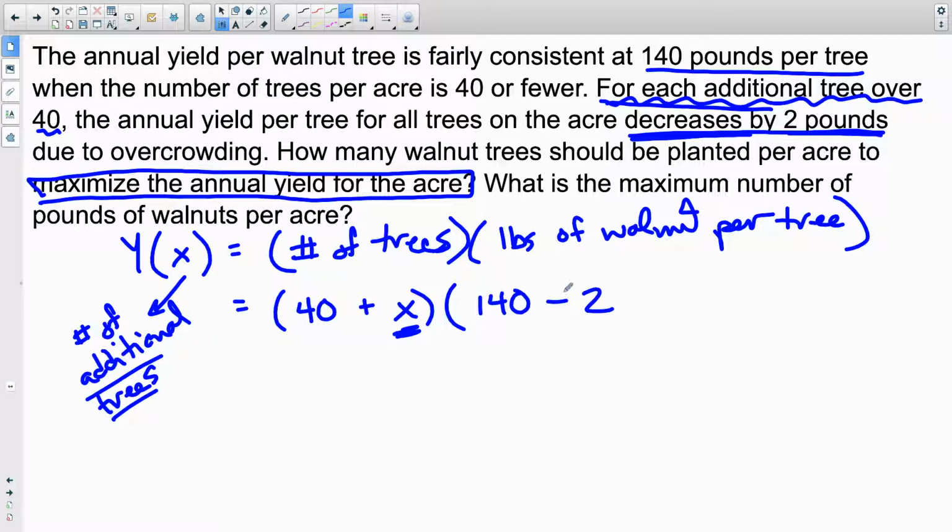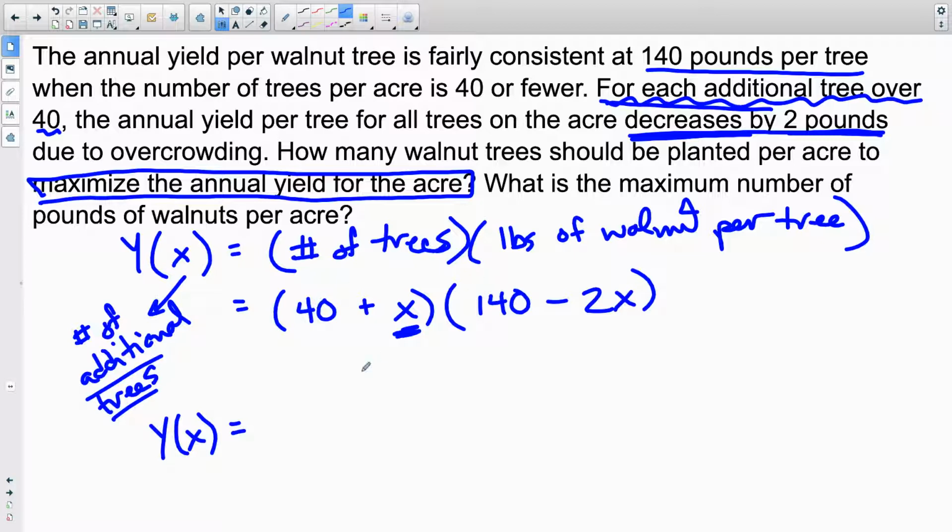So if this is 2, this is actually 4. If this is 3, this is actually 6, right? So we're multiplying 2 times the number of trees because it decreases by 2 pounds for each additional tree over 40. So this is our equation that we are trying to maximize. And again, plugging this into a graphing utility isn't going to work well, so we have to expand this into our quadratic function.